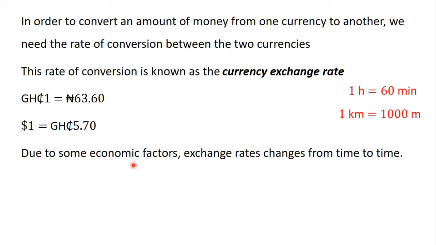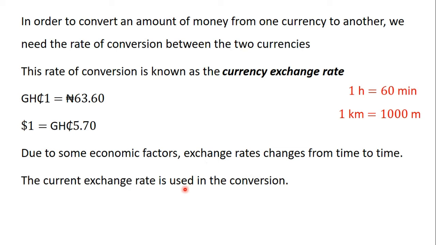If you want to know these economic factors and how they affect the currency exchange rates, you can read more about them online. Right now, what you have to know is that currency exchange rates are not constant. They keep on changing from time to time.